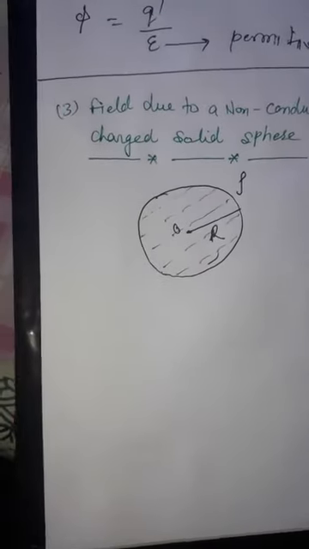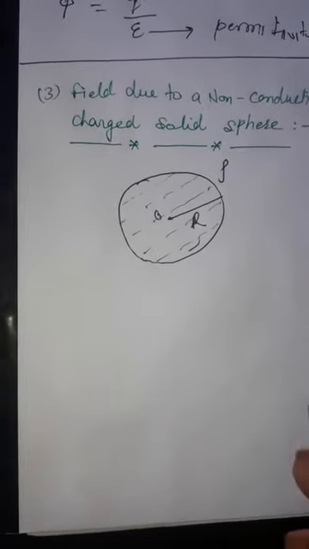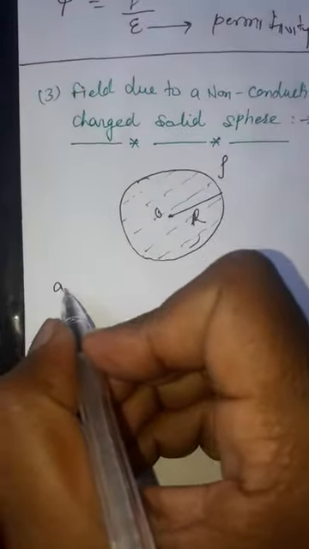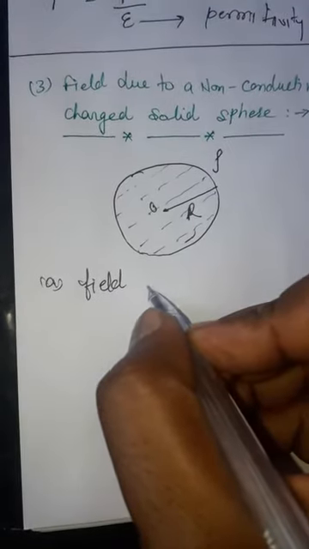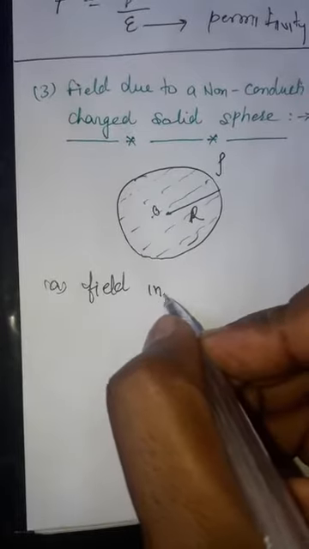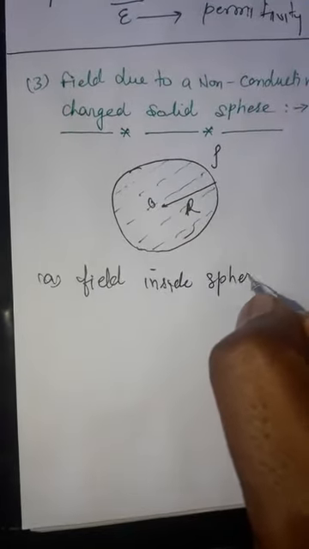Now we have to calculate the electric field at different positions due to this charged sphere. Consider case 1, that is, we have to find the field at a point inside the sphere.